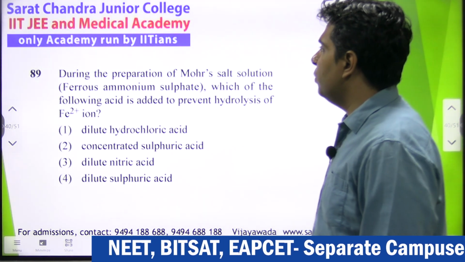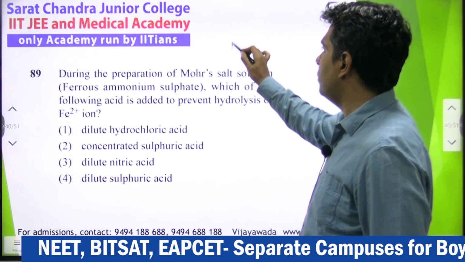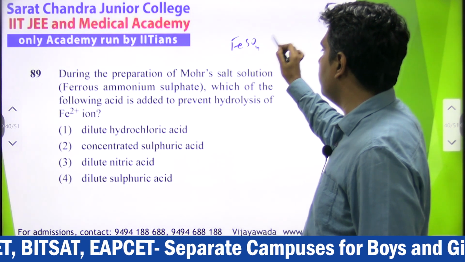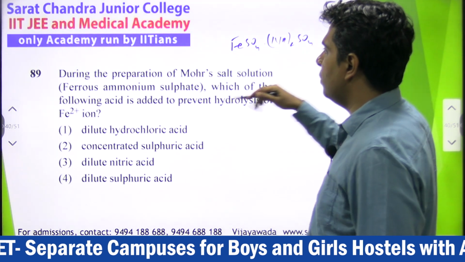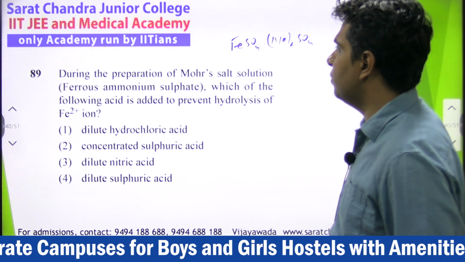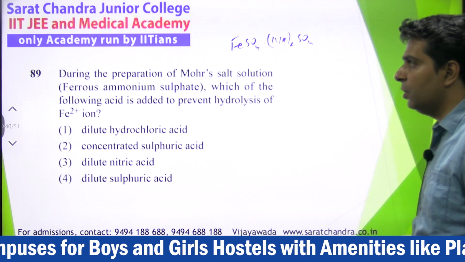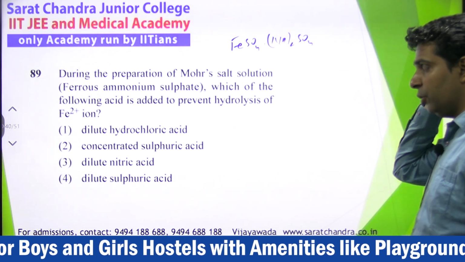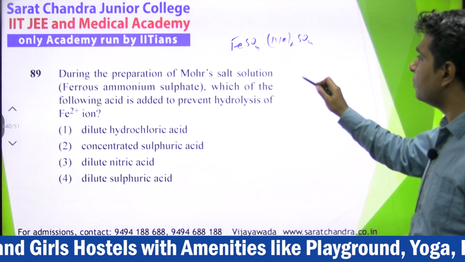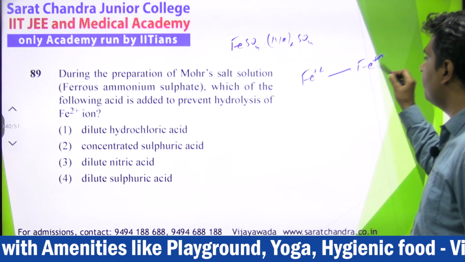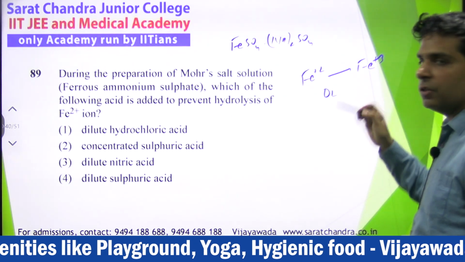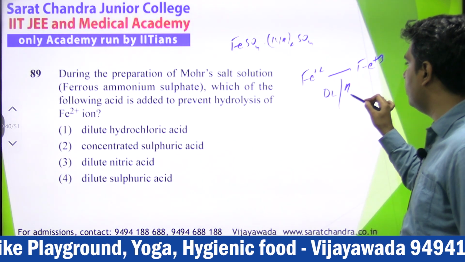Next question. During the preparation of Mohr salt. So what is Mohr salt? Ferrous sulfate, ammonium sulfate. Now in this ferrous ammonium sulfate, that is Mohr salt, which of the following acids is added to prevent hydrolysis of ferrous ion? Ferrous ion is easily oxidized to ferric ion in presence of oxygen that is present in the air, and these ions are in aqueous solution, water will be there.